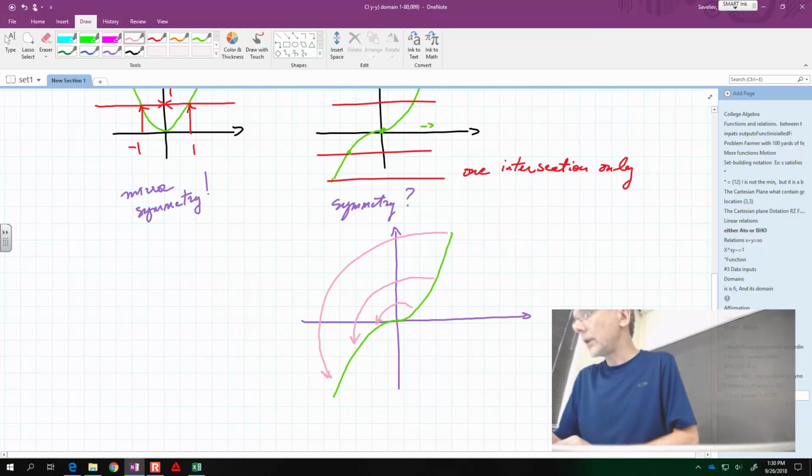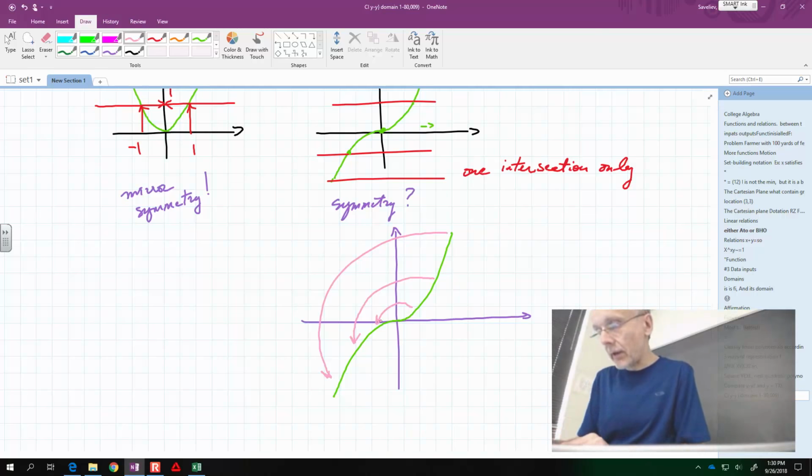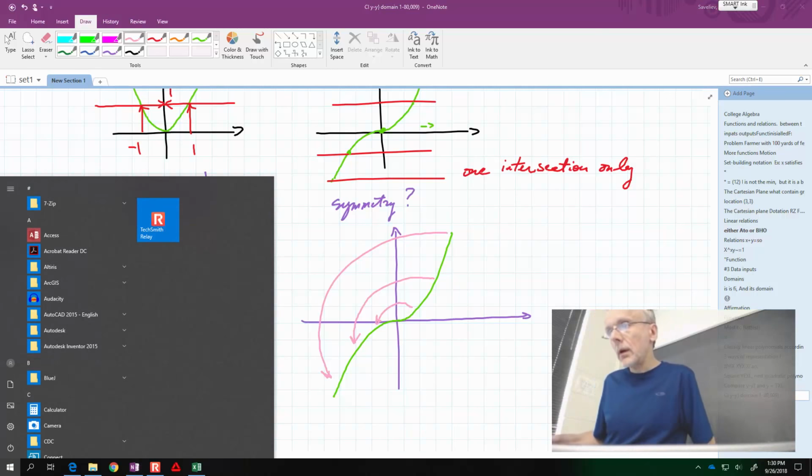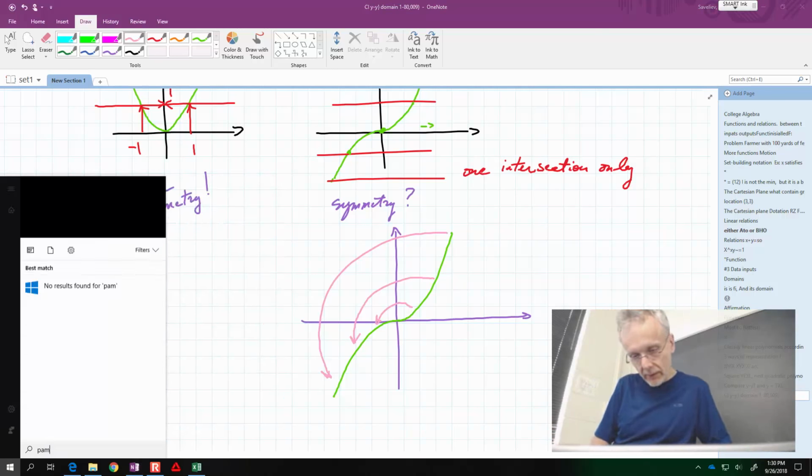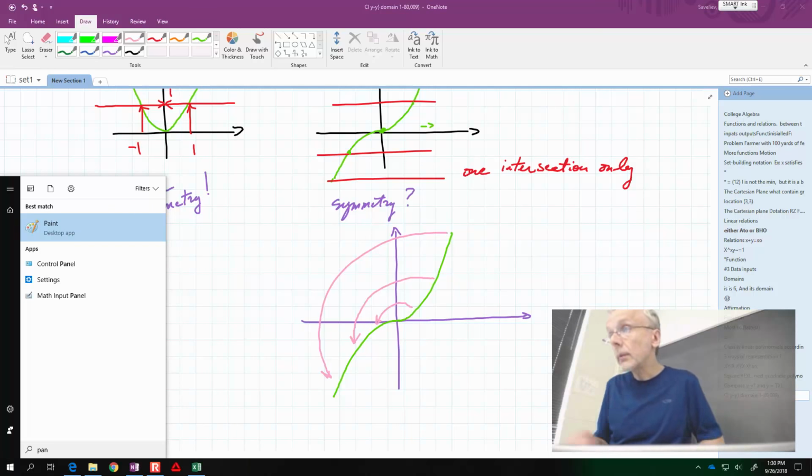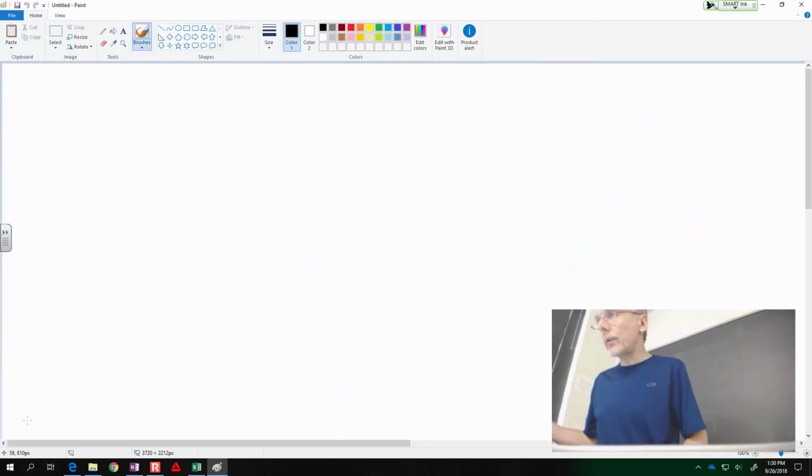Okay, rotation 180 degrees. So that you would believe this easier, Paint does it. It has all of these operations, so I could just as well do it.